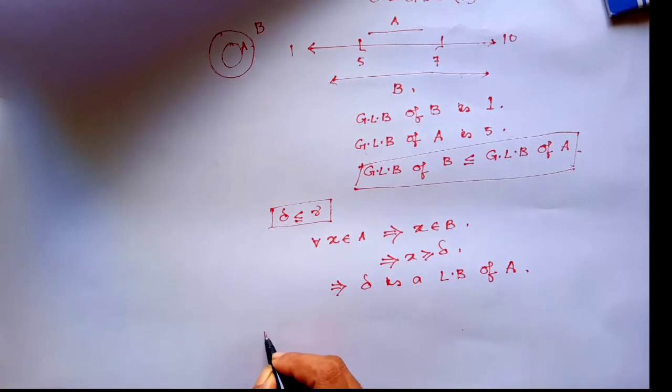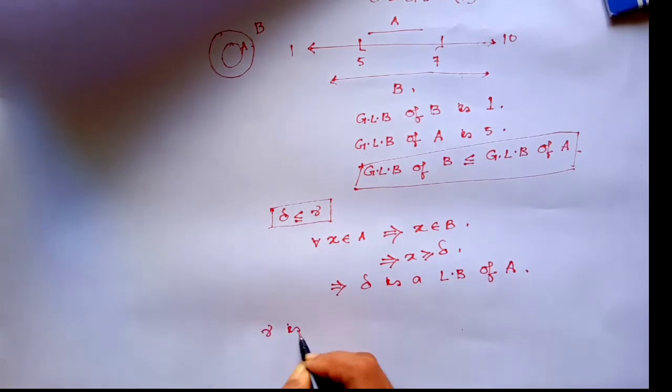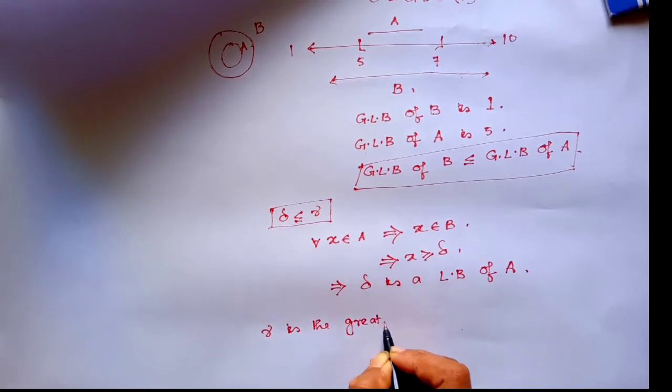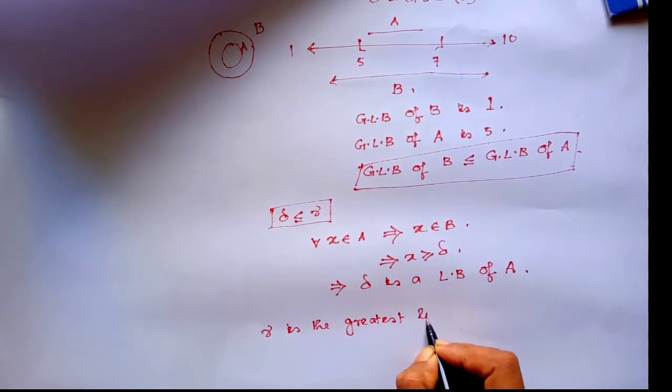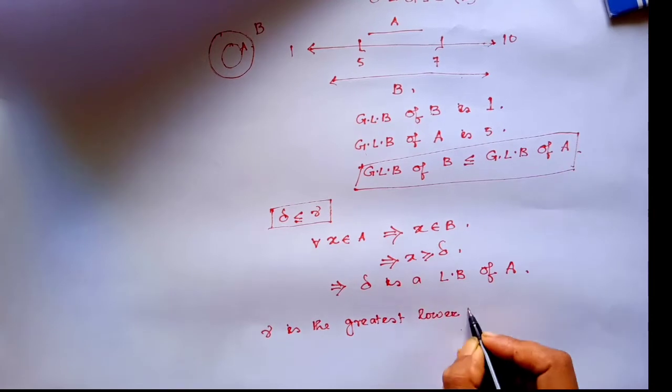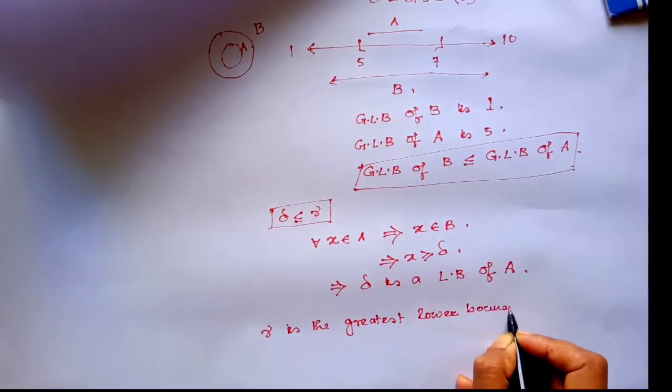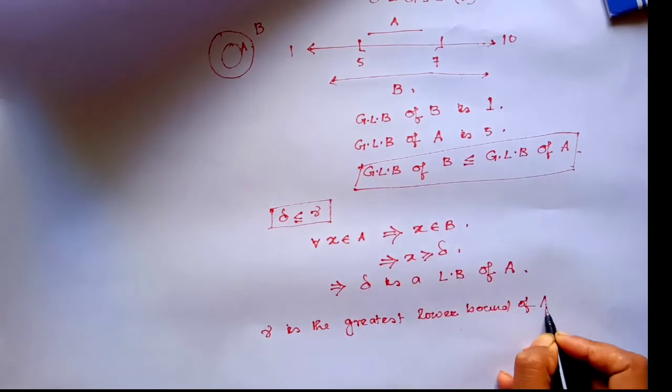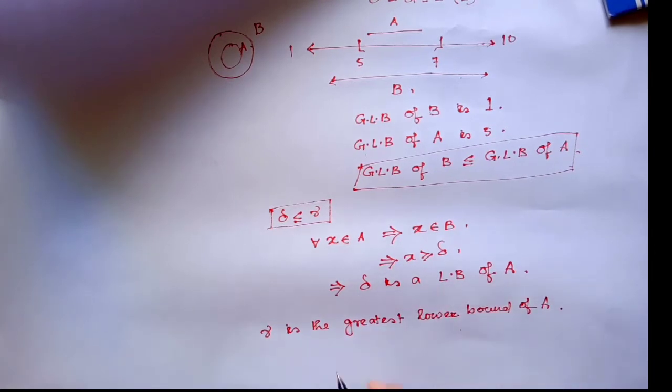Gamma is the greatest lower bound of A, right? And delta is a lower bound.